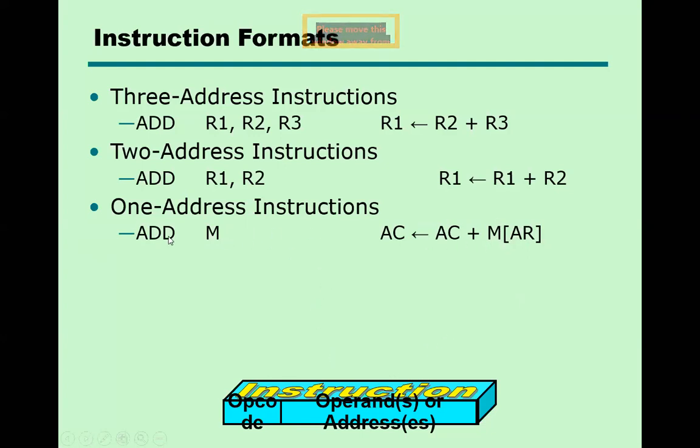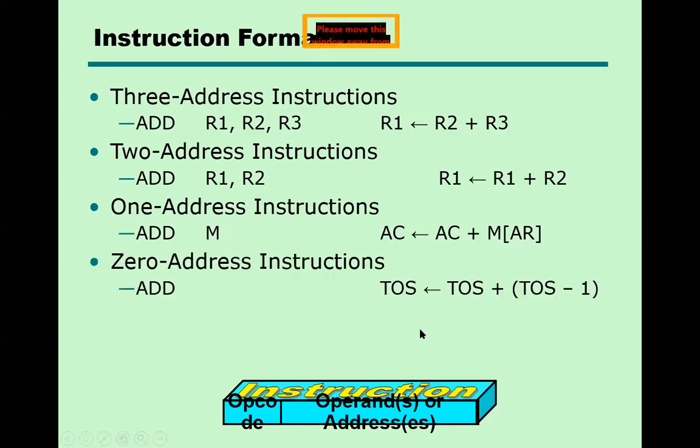So according to this rule, that value will be added with the accumulator value, and your result will be stored into the accumulator only. This is the one address instruction.